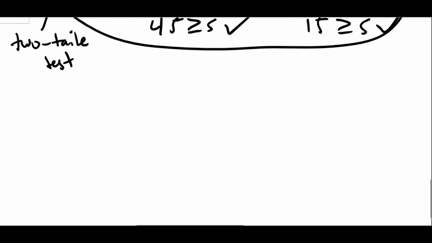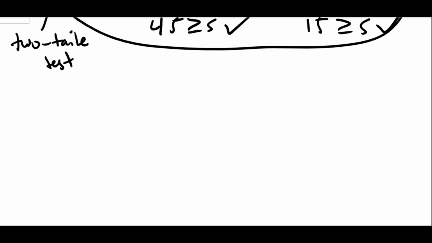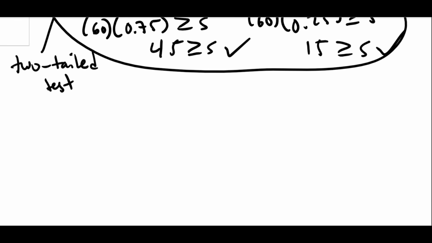Since we're doing a z-test, we're going to have to show you both the p-value and the critical value. So we're going to have to show you how to do both of those. Before I get to that, let me just do the critical values.